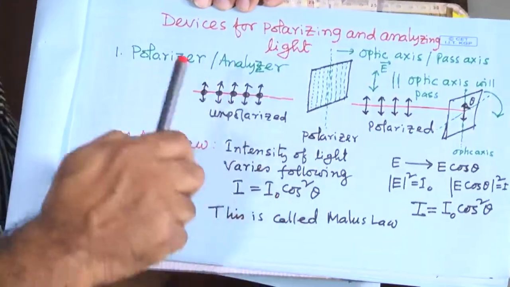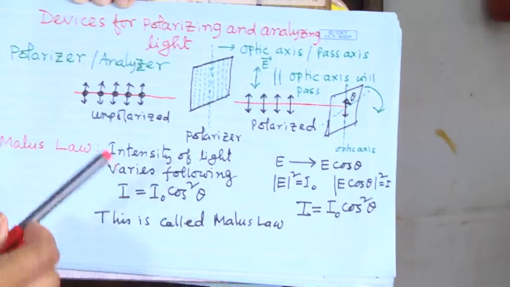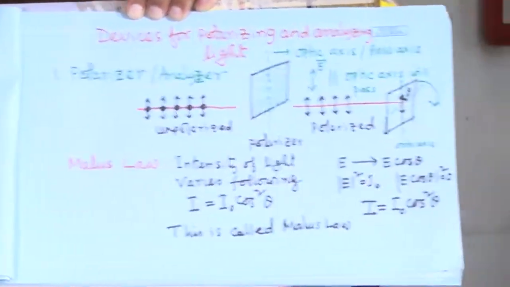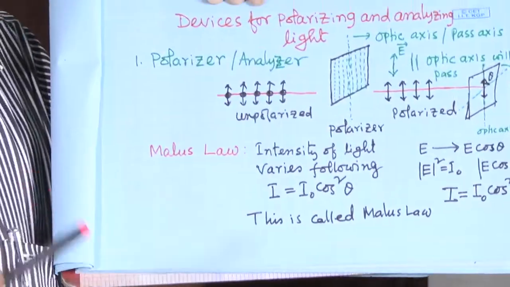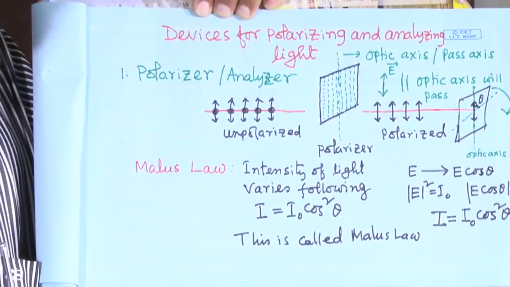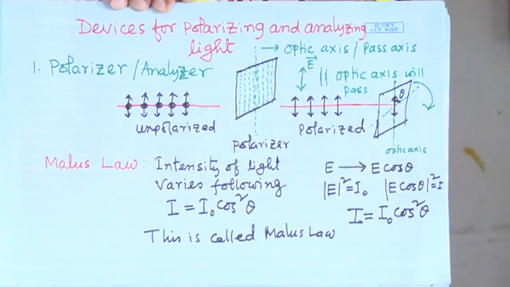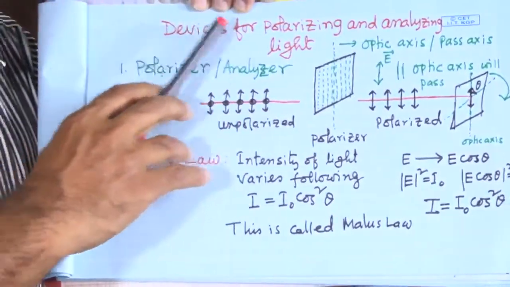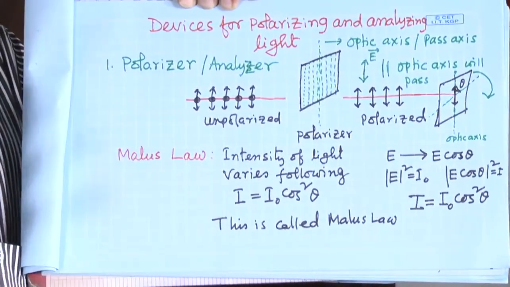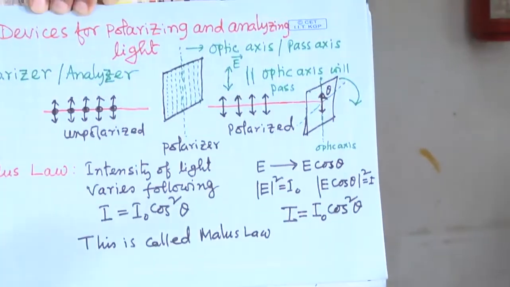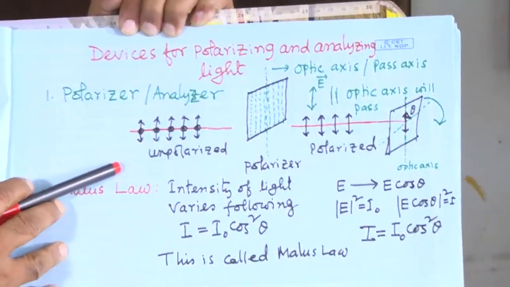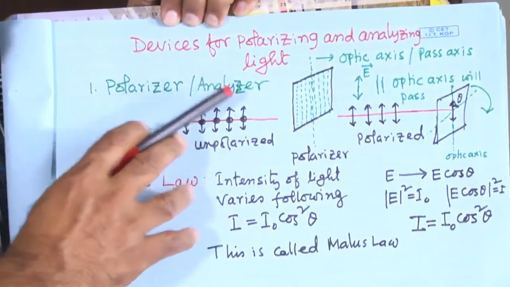So, what are the devices for polarizing and analyzing light? You have to polarize the light, and whether it is polarized or not, that also you have to analyze. The very common device we use in the laboratory is called a polarizer and analyzer.